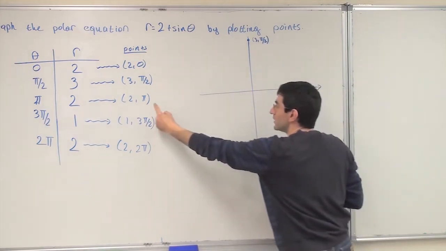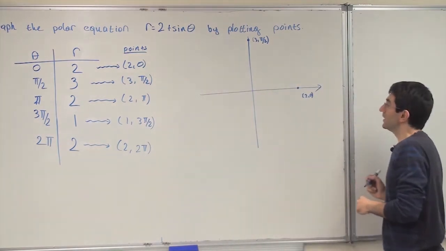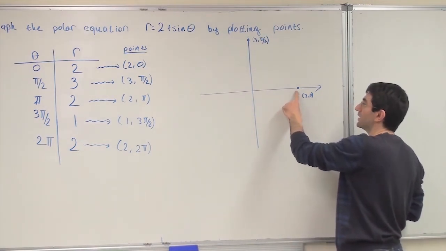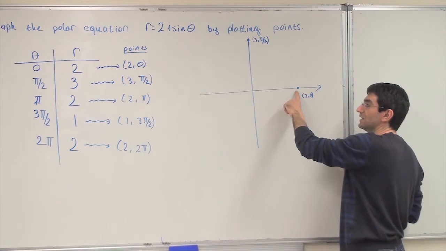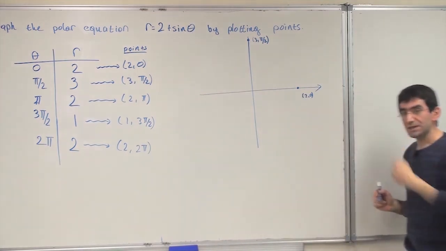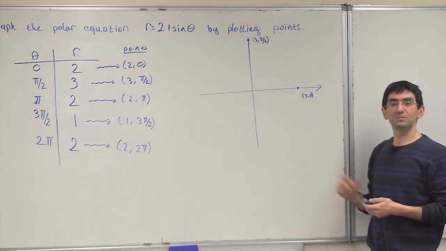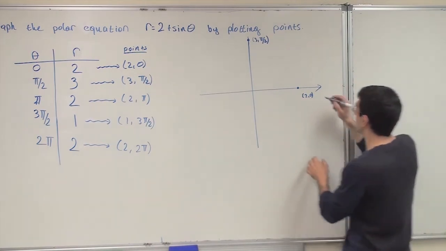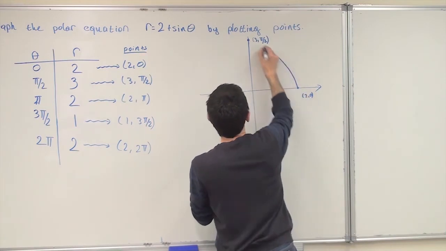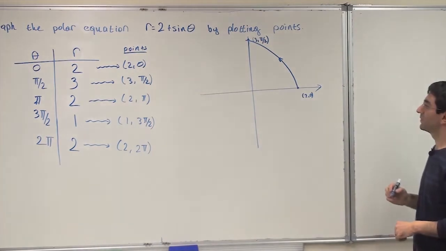So before moving on to the third point, let us connect these 2 points. So these 2 points are going to be connected by an arc which rotates in the counterclockwise direction. The reason for counterclockwise direction is because the positive direction in polar coordinate system is counterclockwise direction. So I connect these 2 points using an arc which rotates in the counterclockwise direction.